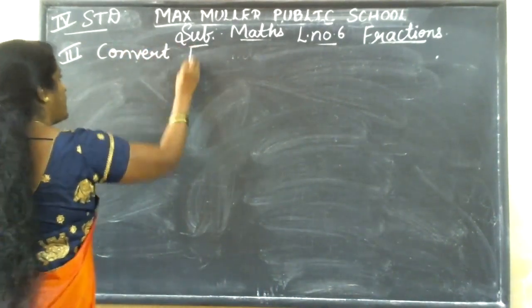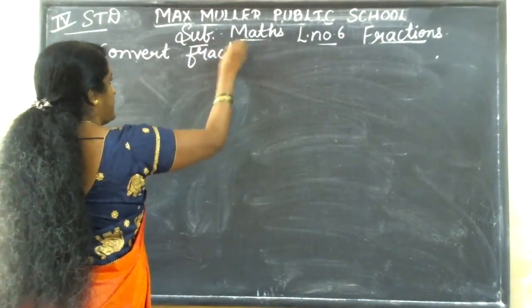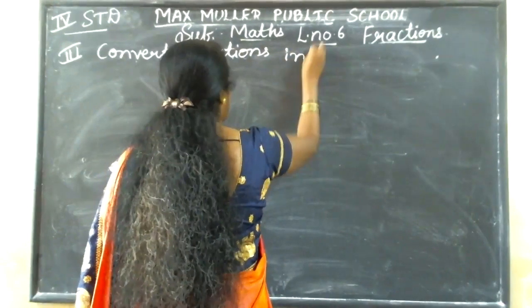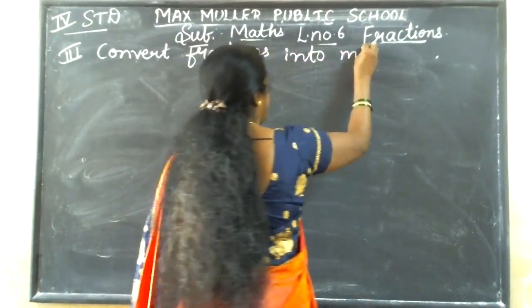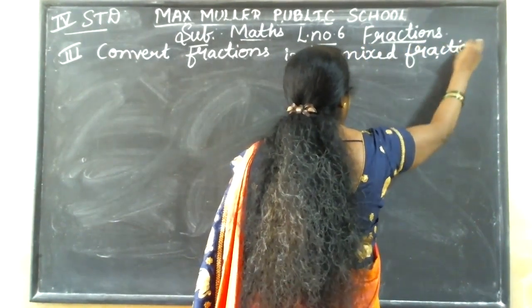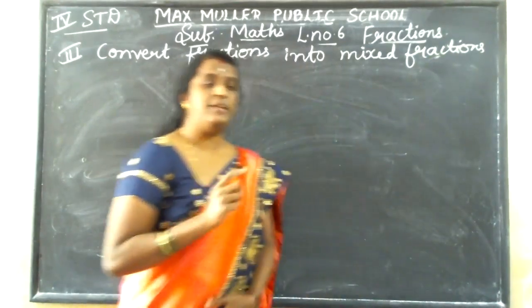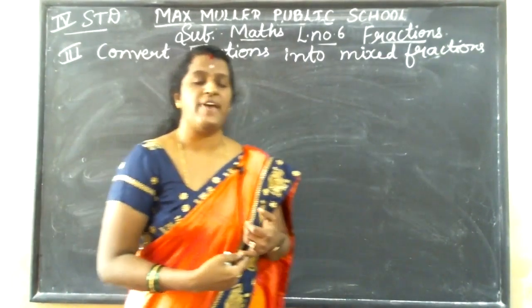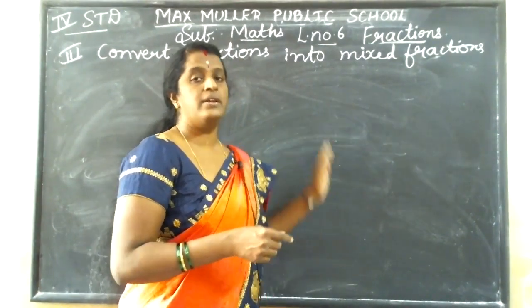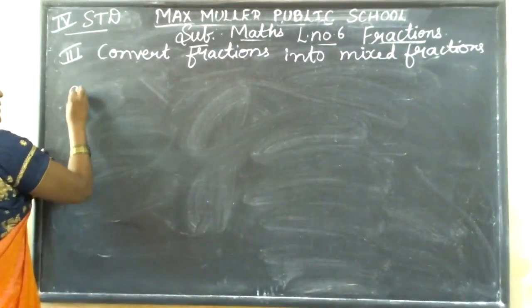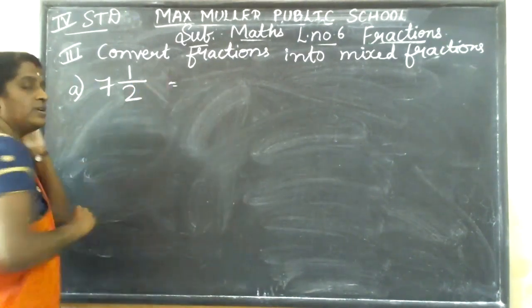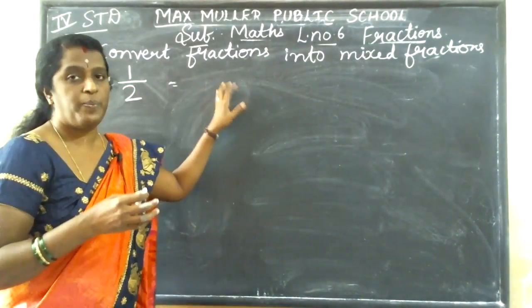Convert the following fraction into mixed fraction. Yes, second main, you know, it was improper fraction. You converted it into mixed fraction. Mixed fraction means whole number, new numerator, denominator. Your question is a mixed fraction. So how will you convert it into an improper fraction?